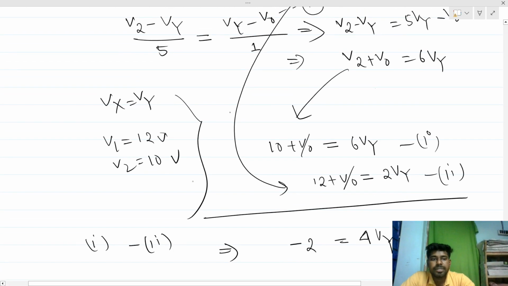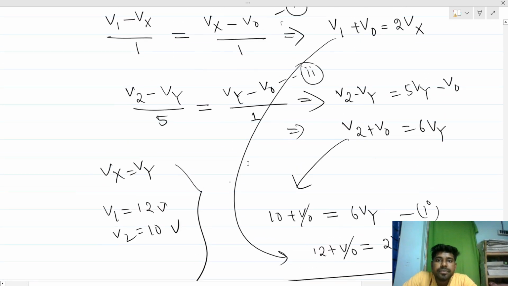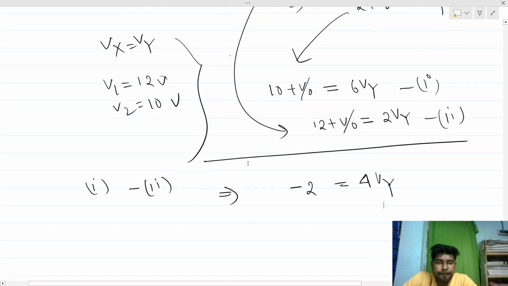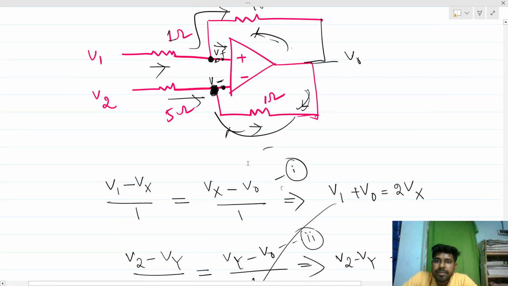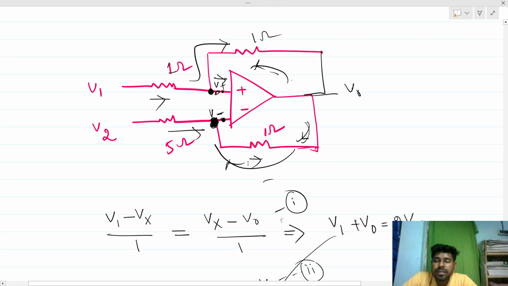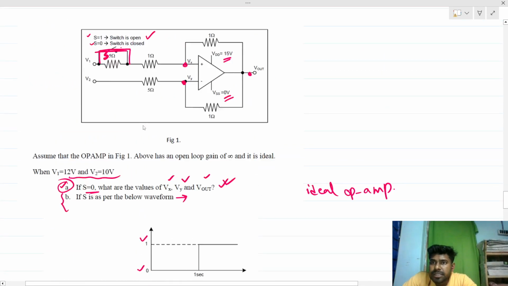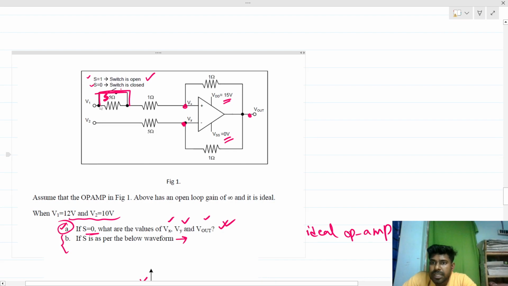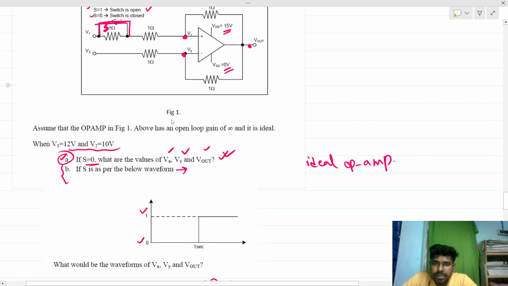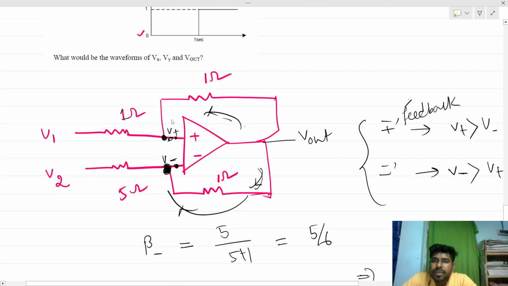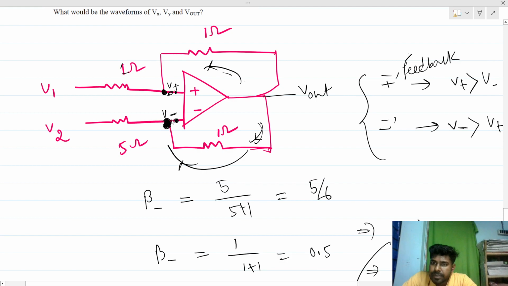Okay, let me check. V1, and the switch is closed, right? S0 means the switch is closed, so there will be no 5 kilo ohm resistance. Here is negative feedback, so we can use that.